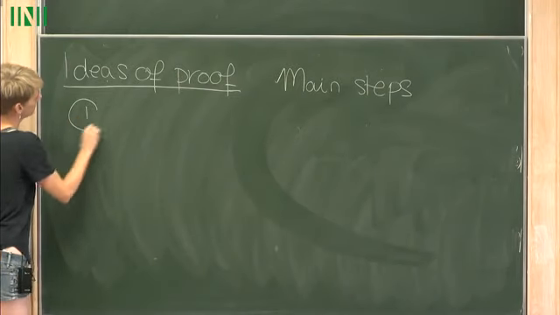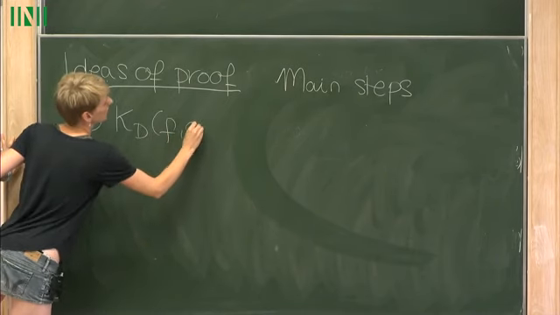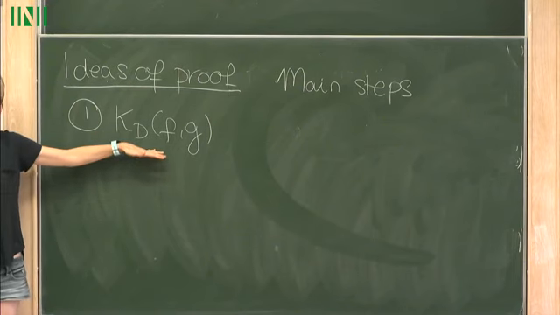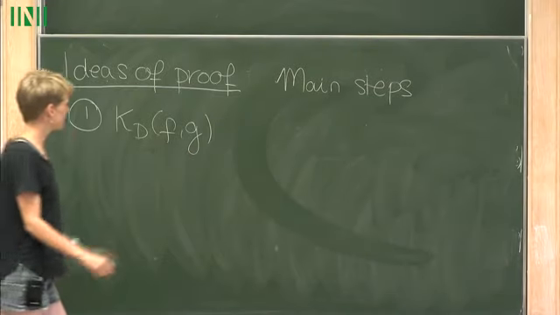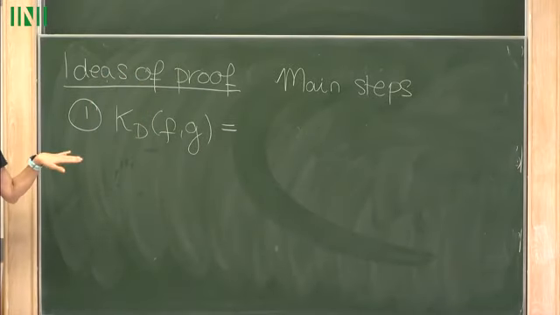So the first one, you remember this bilinear form, which I called K_D. This is just the covariance between my given field on D tested against F and tested against G. The first step is to show that actually this covariance kernel has the form of an integral kernel.